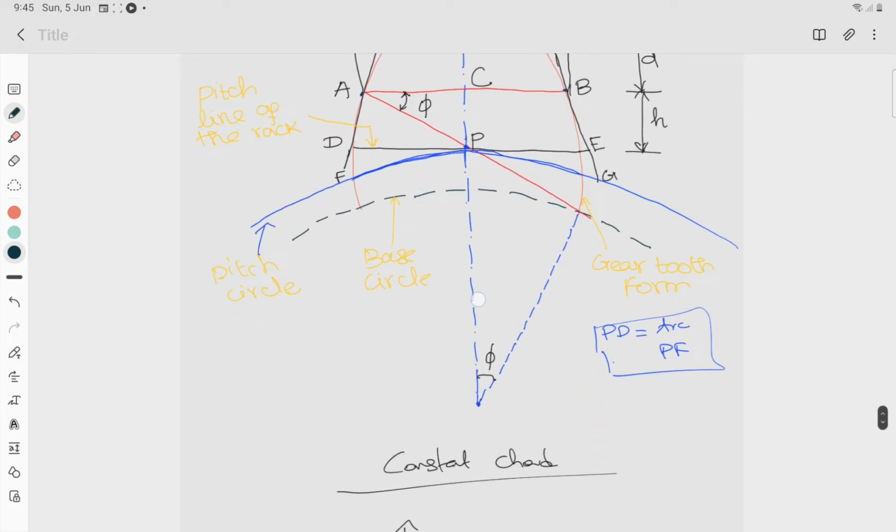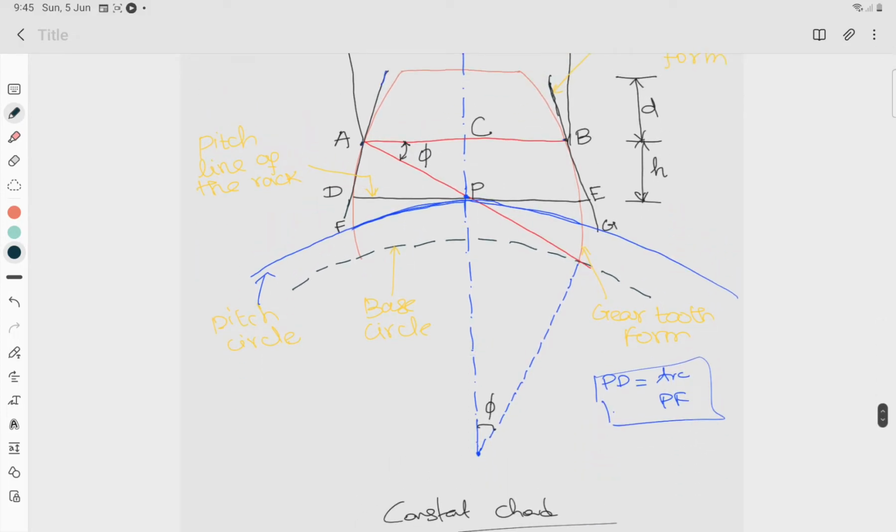Before going to the derivation for this constant chord, we will try to understand some of the terminologies given in this diagram. This blue color circle is the pitch circle of the gear, and the dotted circle mentioned in black color is the base circle of the gear.